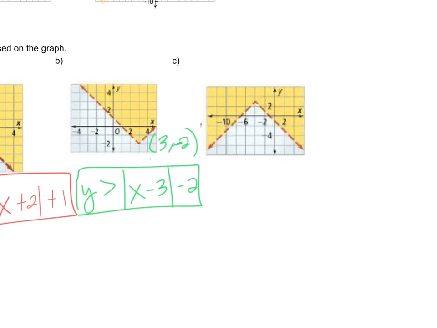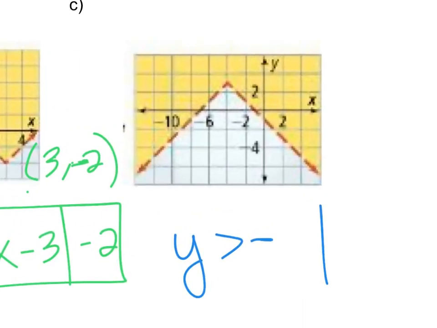And I gave you all the same. So this graph is also shaded above, and it's a dashed line. So it's going to be greater than again. Okay, so we're going to have, and it's a reflection. And it looks like this one has a shrink or a stretch. So it looks like, ooh, this is a little different. So this coordinate right here, what does this look like to you?